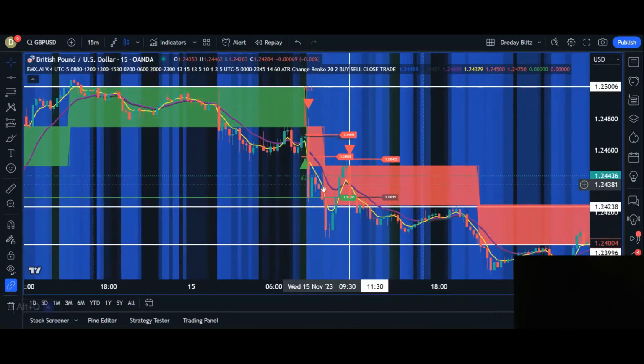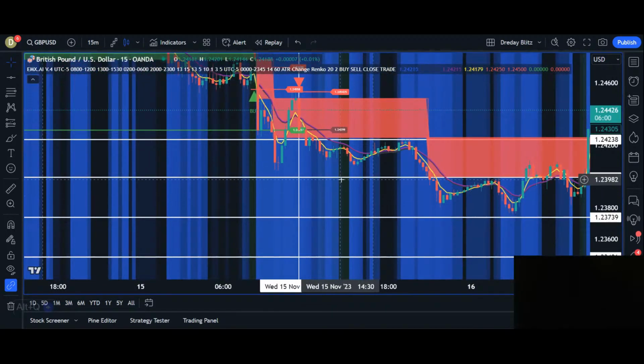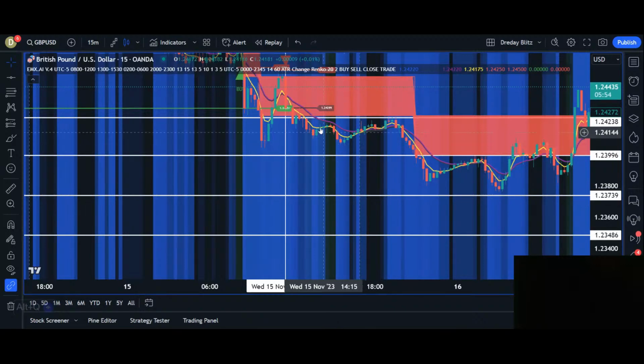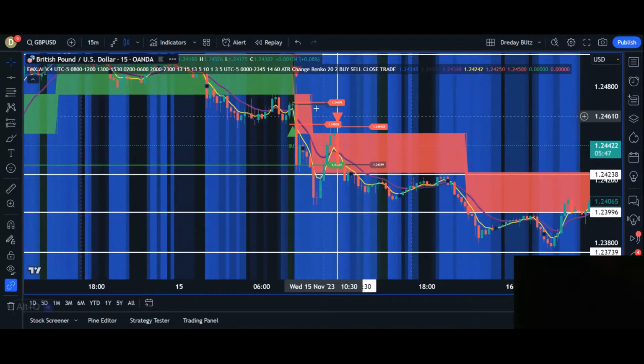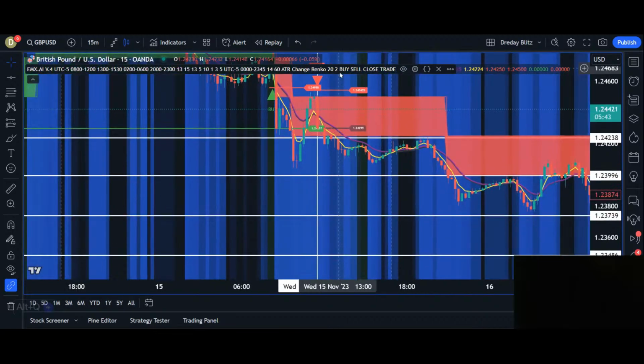Your first take profit will be here. So this is the first take profit zone. Then the next take profit zone is this one. Then the final take profit zone is this one. So those three lines here will be the three TP zones for this setup right here.